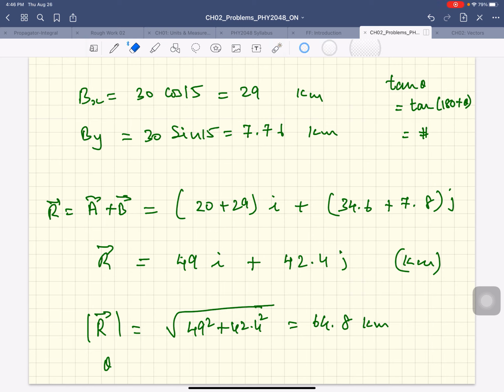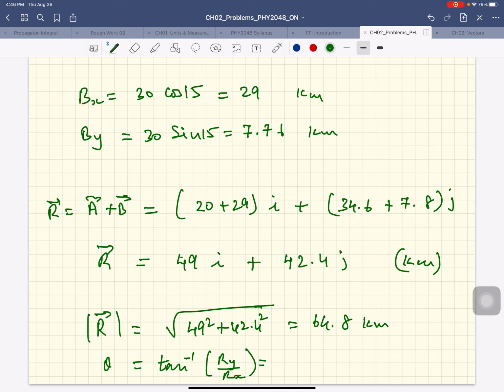All right. So theta is tan inverse Ry over Rx, equal to tan inverse of 42.4 divided by 49.